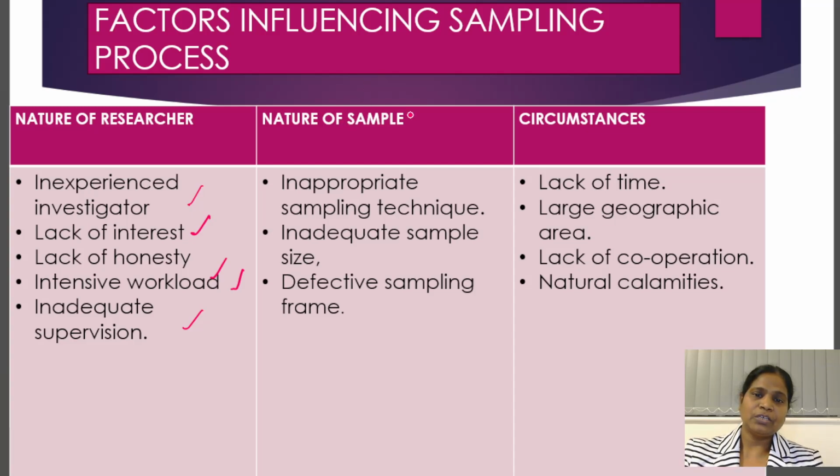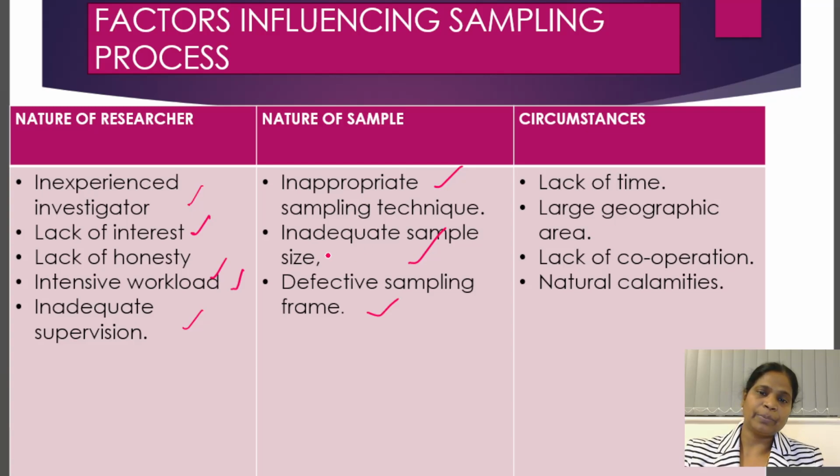Next, coming to nature of sample: inappropriate sampling technique, inadequate sample size, defective sampling frame. Where the sample which is going to represent the study has a lot of variations in their characteristics and a lot of deviations, we call it a defective sampling frame.